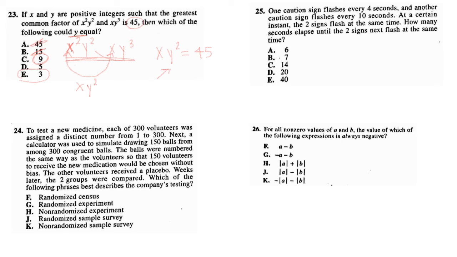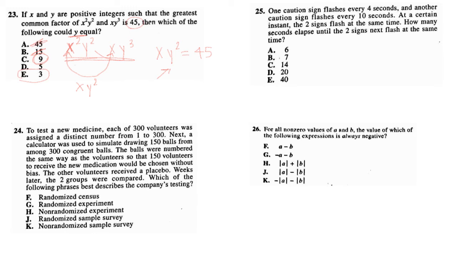Next, a calculator was used to simulate the drawing of 150 balls from among the 300 congruent. Oh my gracious. Okay, the balls were numbered the same way so that 150 volunteers to receive the new medication would be chosen without bias. The other volunteers received a placebo. Weeks later, two groups were compared.